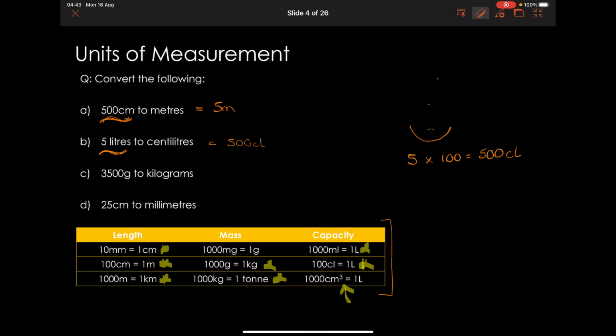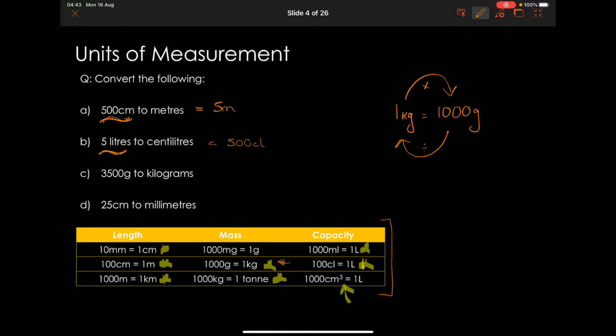Okay, C. C says 3,500 grams to kilograms. That's what it wants. So looking at our chart, I know that 1 kilogram equals 1,000 grams. Drawing my arrows, times at the top, divide at the bottom.